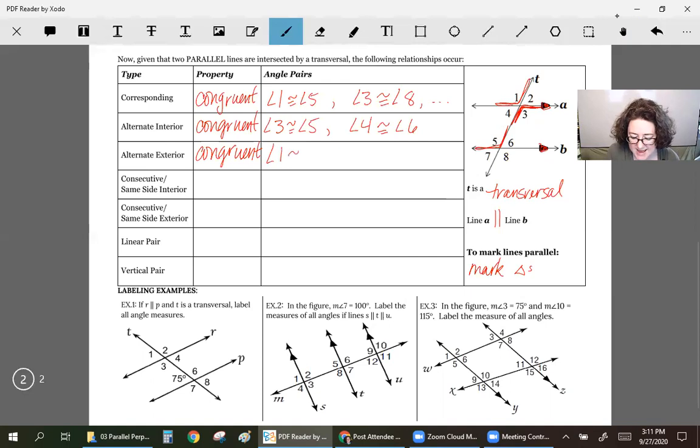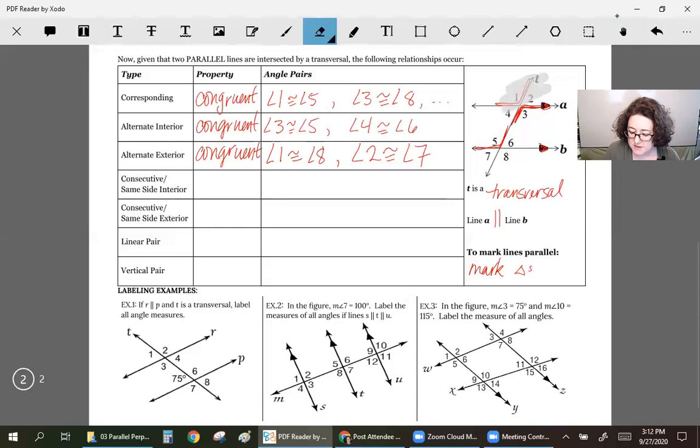Angle 1 is outside the interior section that A and B make in between them. They're outside the lines. So angle 1 is alternate exterior to angle 8. We could also do that with angle 2 and angle 7. And again, those are the only 2 pairs we could do on this diagram that has a single transversal.